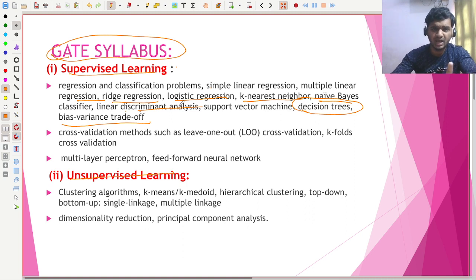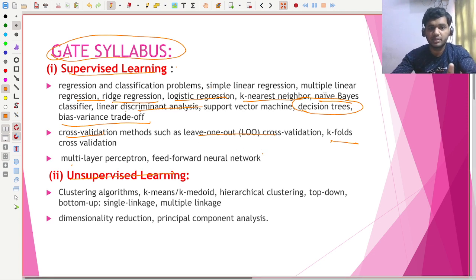After that we'll discuss different cross validation methods such as leave one out cross validation and k-fold cross validation, and after that some deep learning part, that is multi-layer perceptron and feed forward neural network. Then we also discuss many things of artificial neural network.